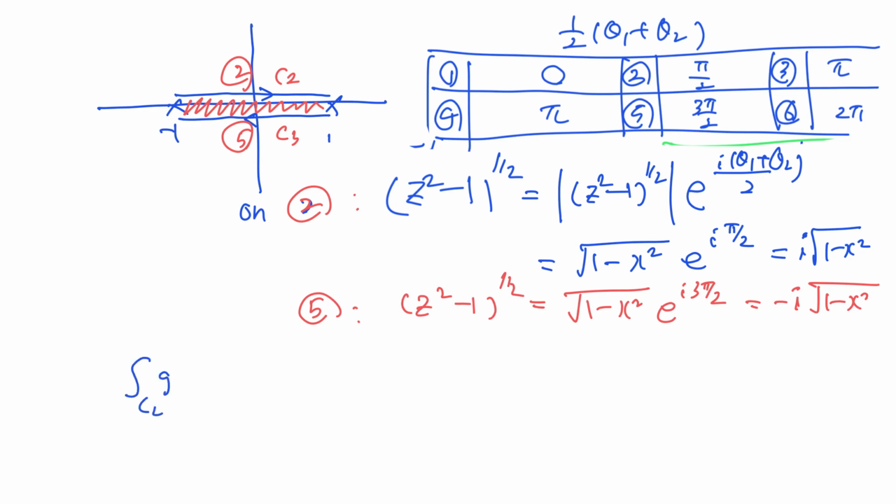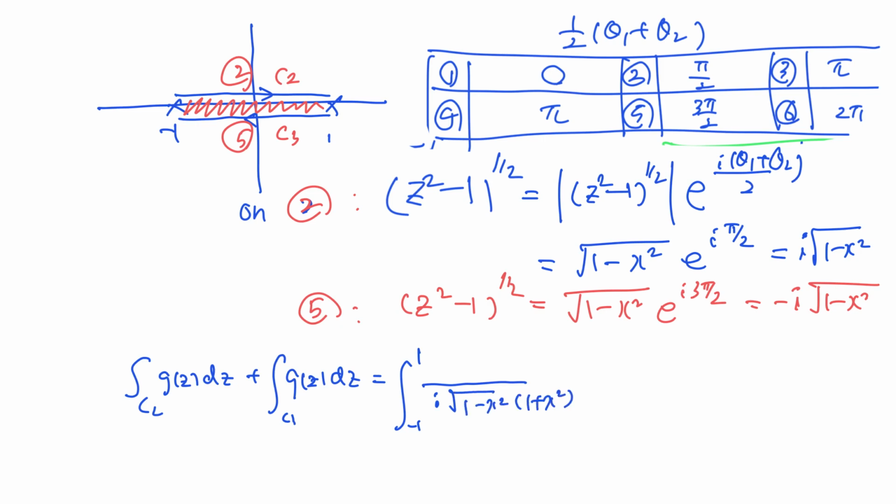C2, C3. C2 is from minus 1 to 1, square root of I, 1 minus x squared, 1 plus x squared, dx, plus C3 is 1 to minus 1, right? The direction is opposite. This integral is opposite, right? From 1 to minus 1.